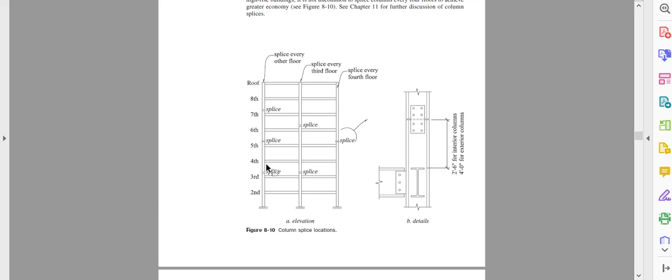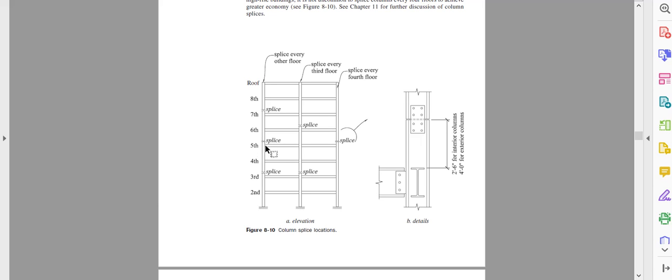When there is a question of connection, we try to connect not at the junction but in between the floors, roughly the middle or 3-4 feet above the floor. Why? Because you saw in your structural analysis class that moment is typically zero around the middle, not exactly the middle. So we connect the column in between floors, not at the joint.